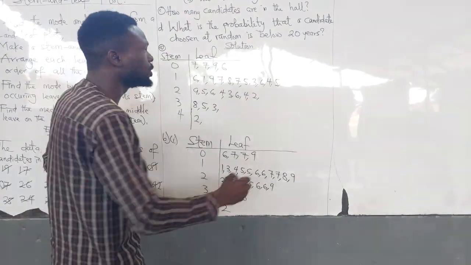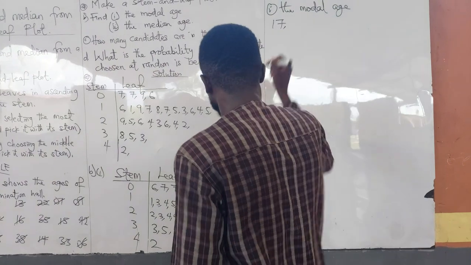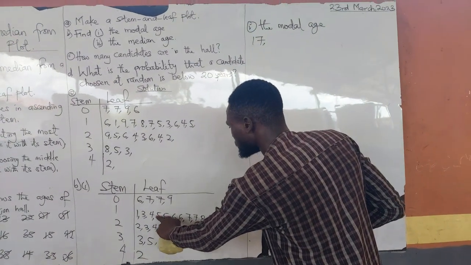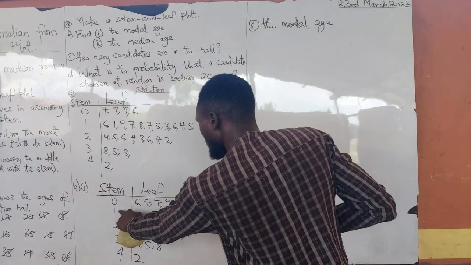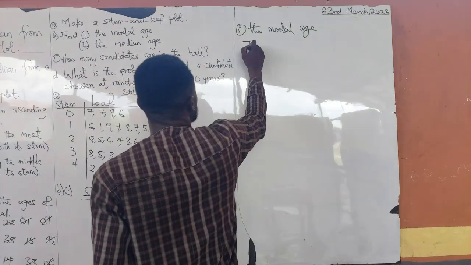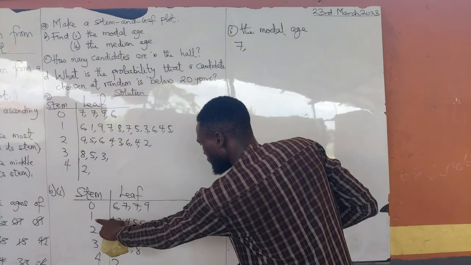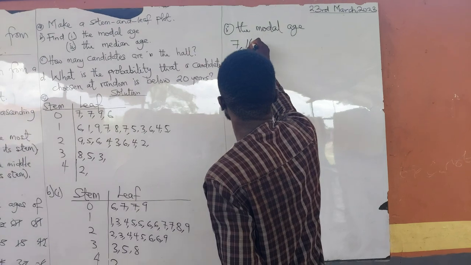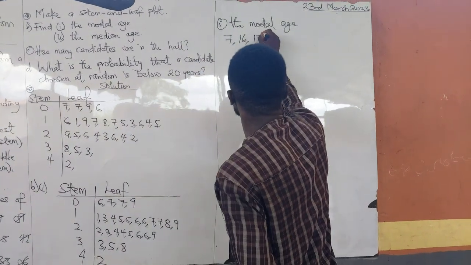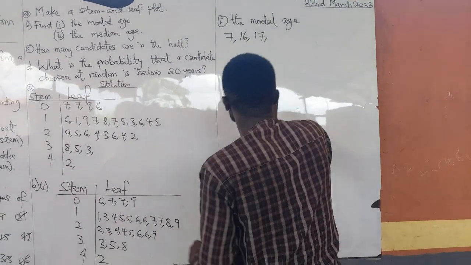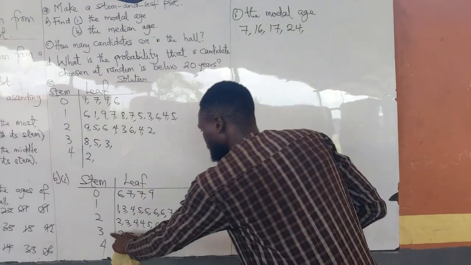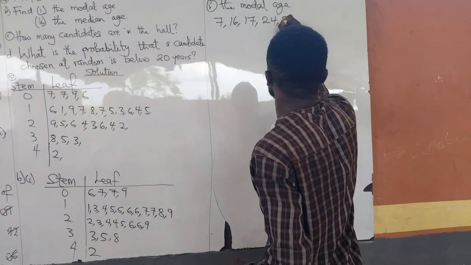So what are the mode? Let's start from the least. We have 7. We have 15, 16. We have 17. We have 24. We have 26.